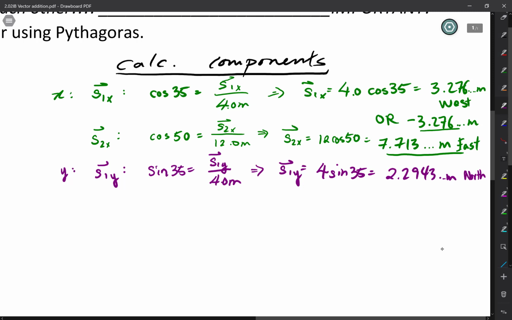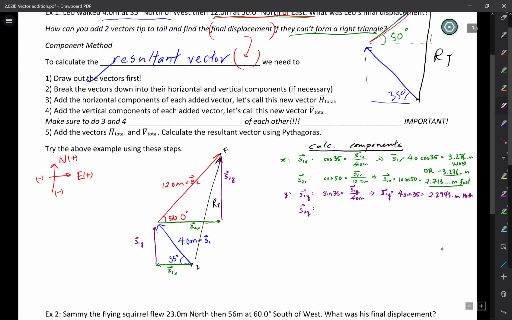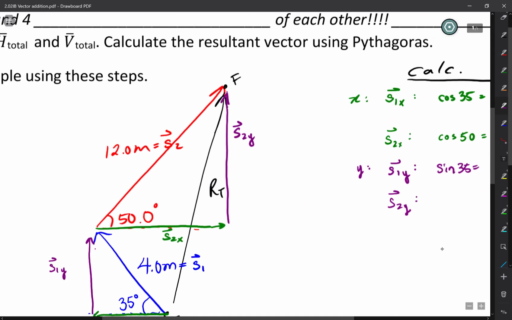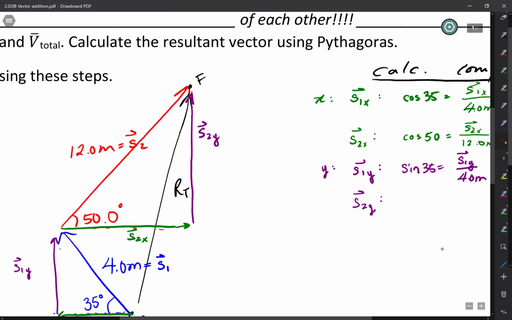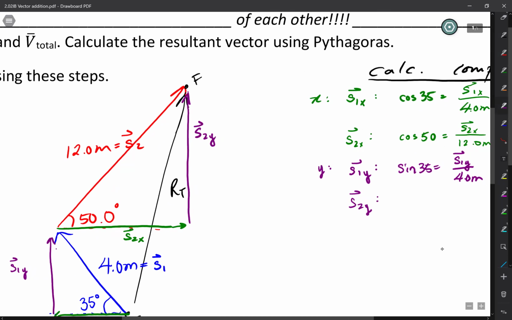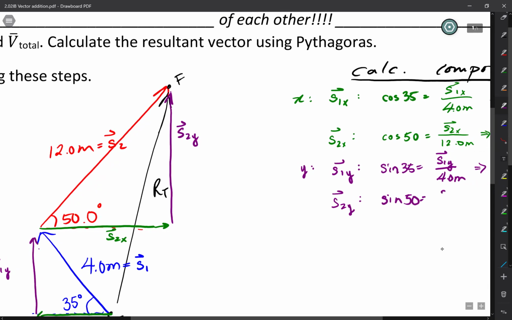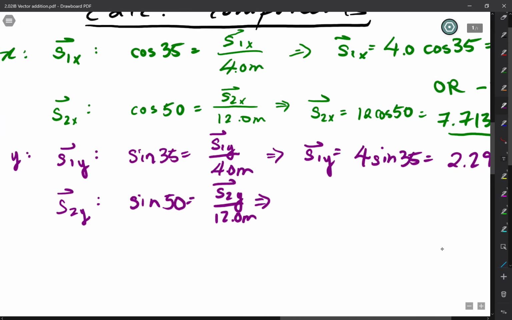Okay, then I'm going to go ahead and find the component for S2Y. Going back to my triangle, this is my opposite side relative to 50 degrees, which means I'm using sine again. Sine of 50 equals S2Y over 12 meters. Solving for S2Y, I get 12 times sine of 50.